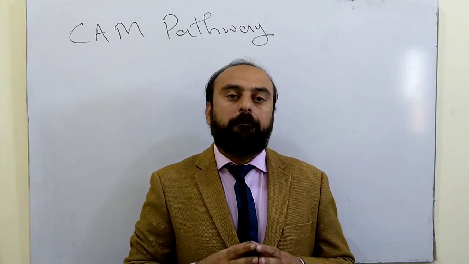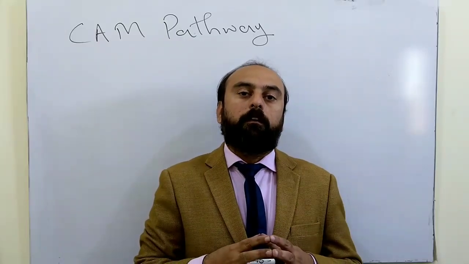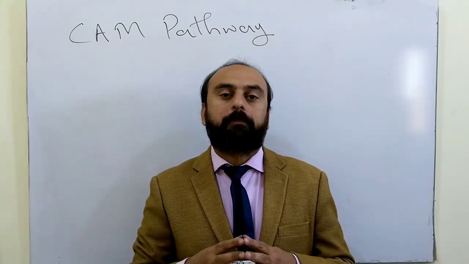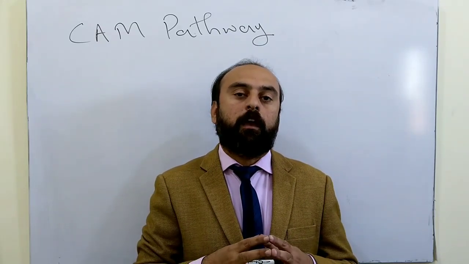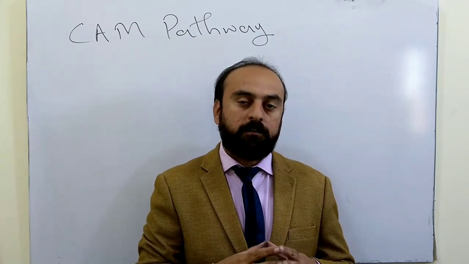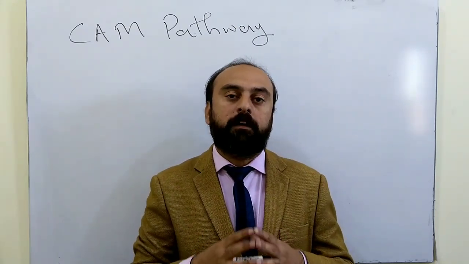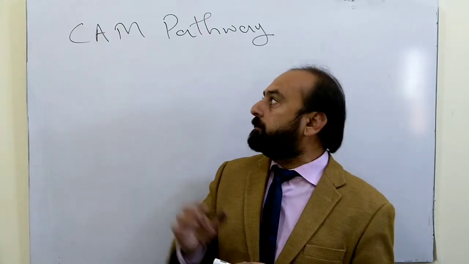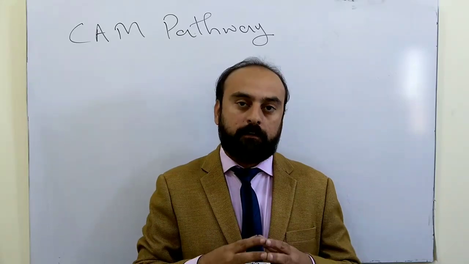C4 plants have two types of photosynthetic tissues, mesophyll and bundle sheath, whereas CAM plants have a temporal arrangement, an inverted stomatal cycle.